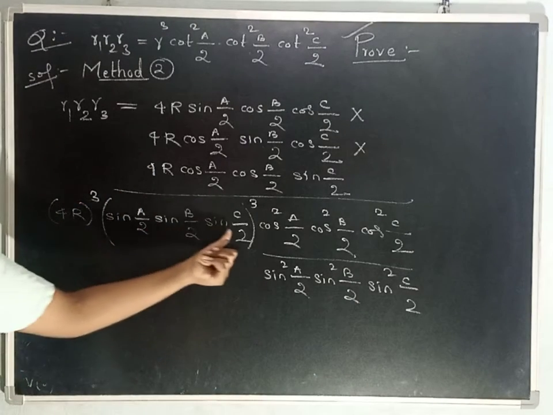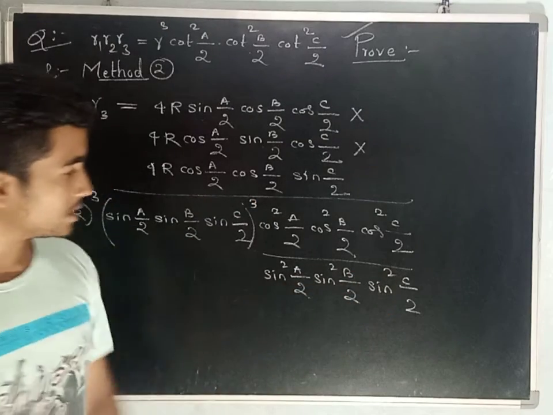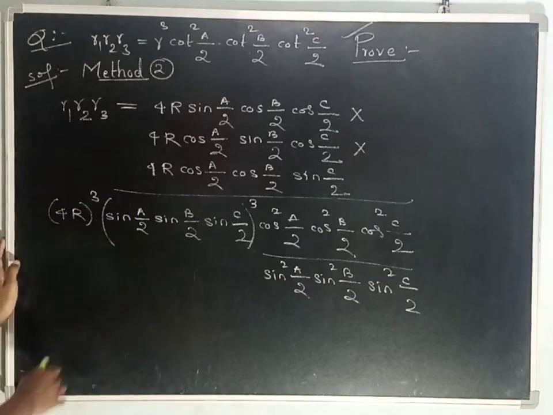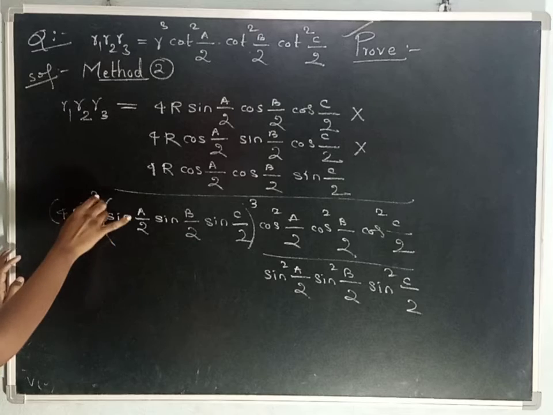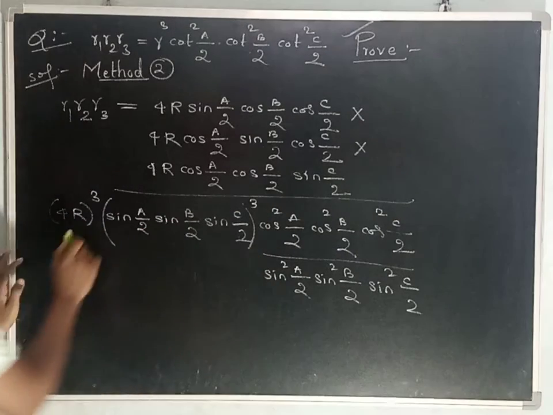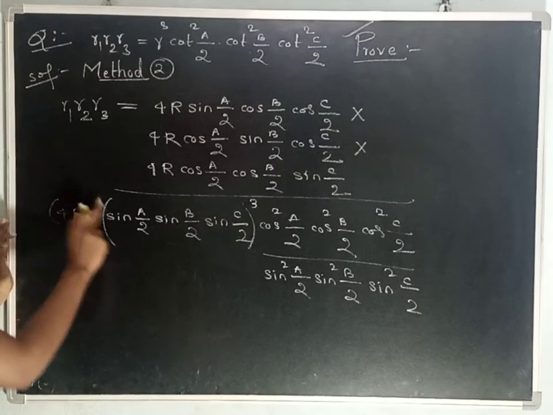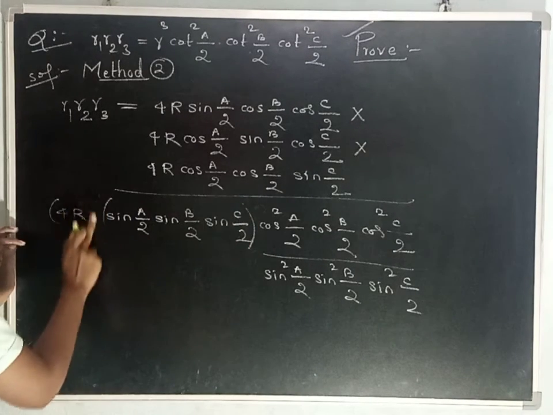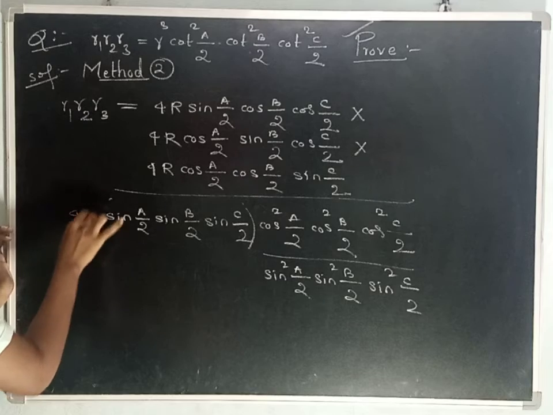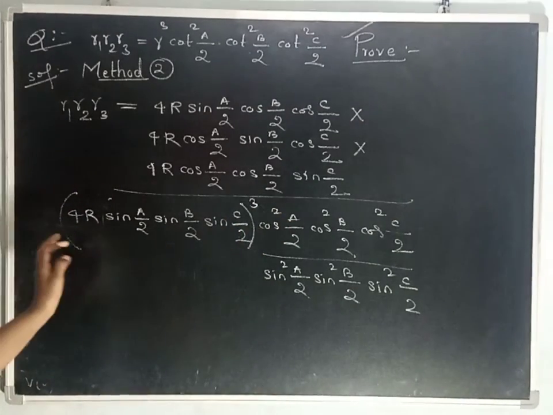Sin A by 2, sin B by 2, sin C by 2 will become whole cube, and this will be here. 4R whole cube into sin A by 2, sin B by 2, sin C by 2 whole cube. Okay. Finally, we can write it as, taking cube as common, 4R sin A by 2, sin B by 2, sin C by 2 whole cube.